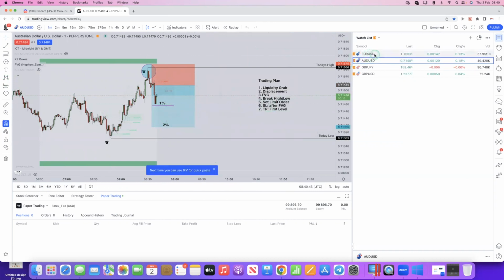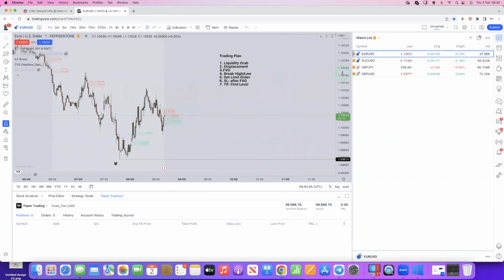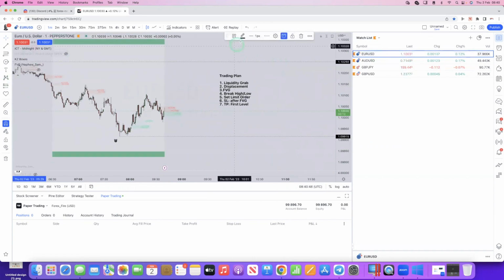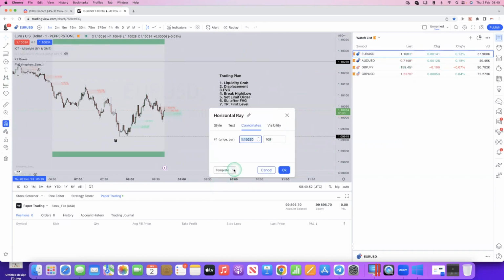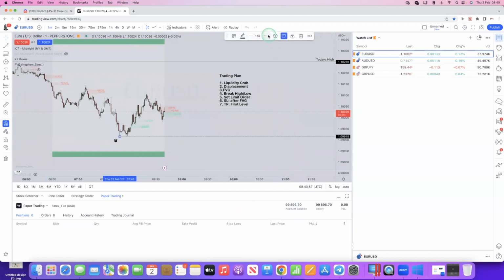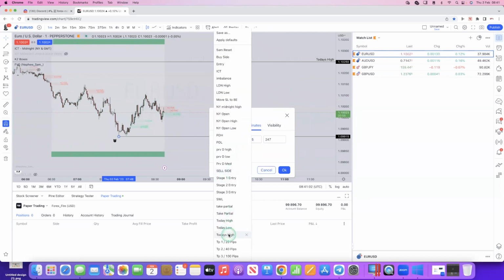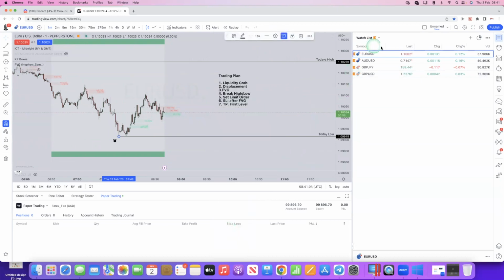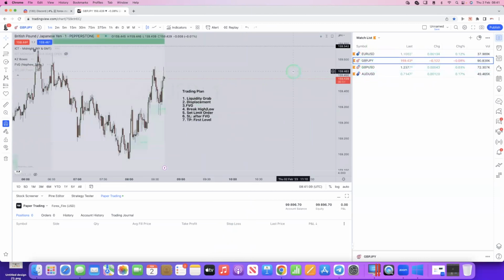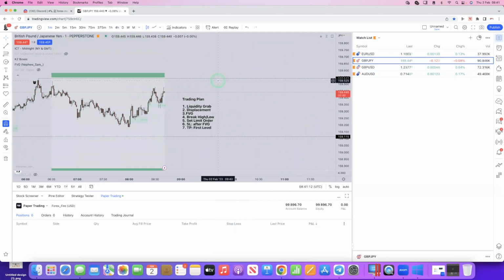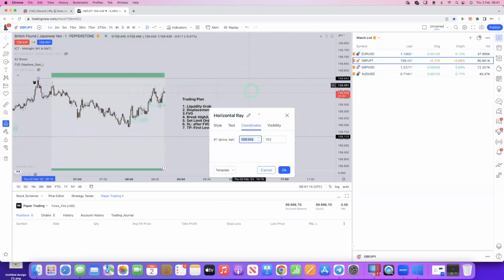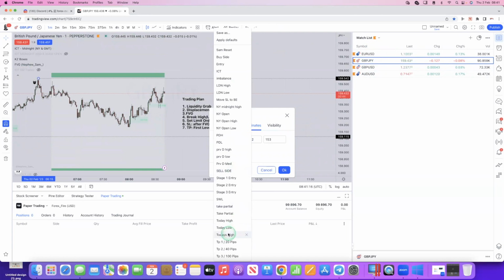Let's have a look at the other pairs just for a second. Again, might as well just change these now. On the line, today's high. Line, today's low. So we're nowhere near on anything on that. We'll put the Euro, the AUD/USD there. Again, I might just be able to put this straight on to today's low.